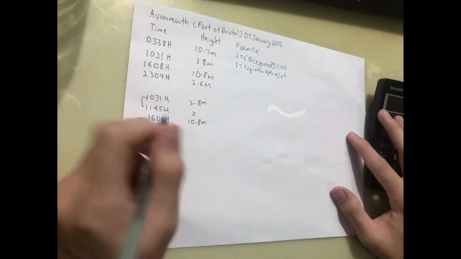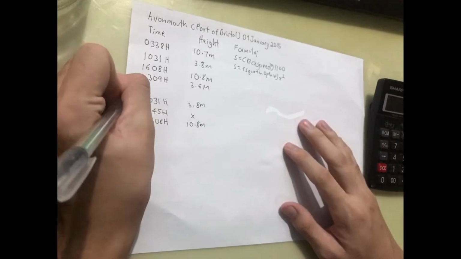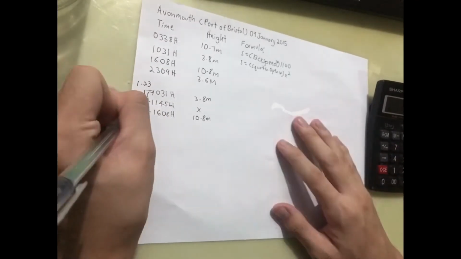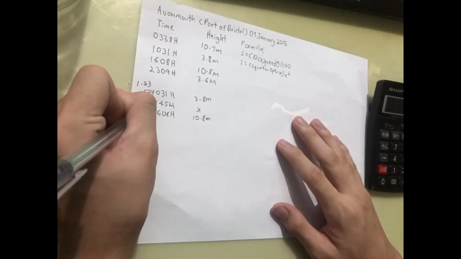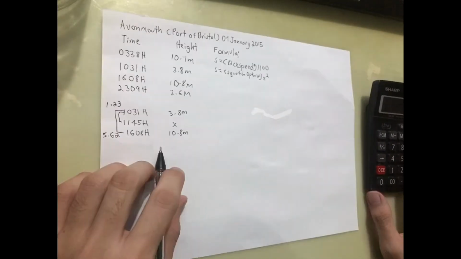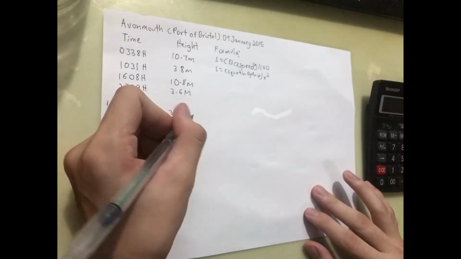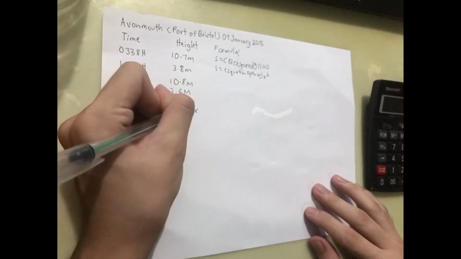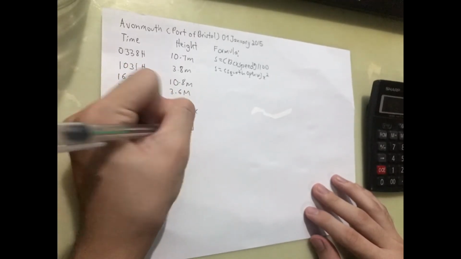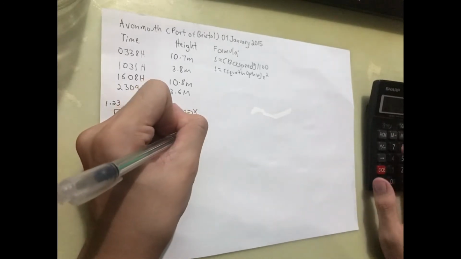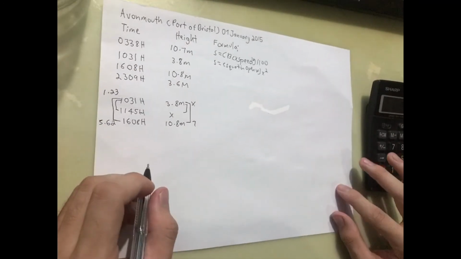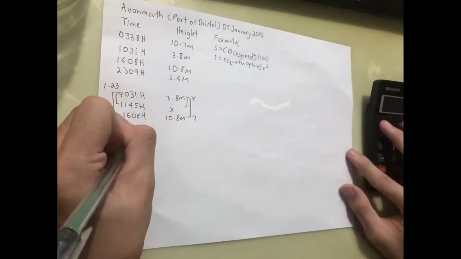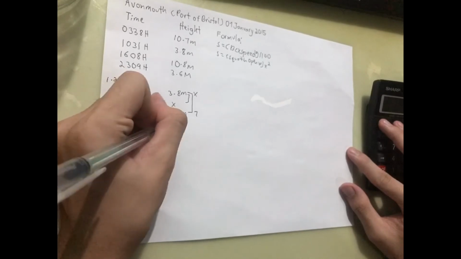Then the difference between 10:31 and 11:45 is 1.23, and the difference between 10:31 and 16:08 is 5.62. Next is 3.8 and x, so it is equal to x. Then 3.8 minus 10.8 is equal to 7. The formula is cross multiplication, so we bring down 1.23 by 5.62 and x and 7.